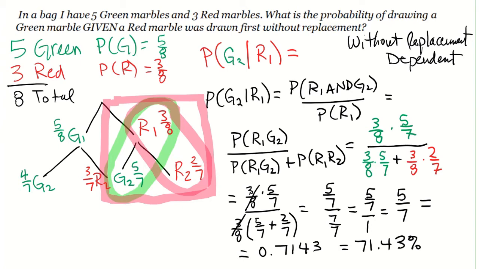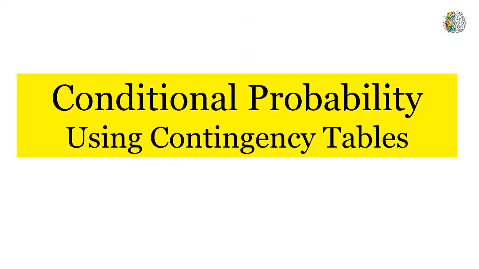So this is how we do conditional probability using tree diagrams. Next, we will look at how to use contingency tables to solve for conditional probability.